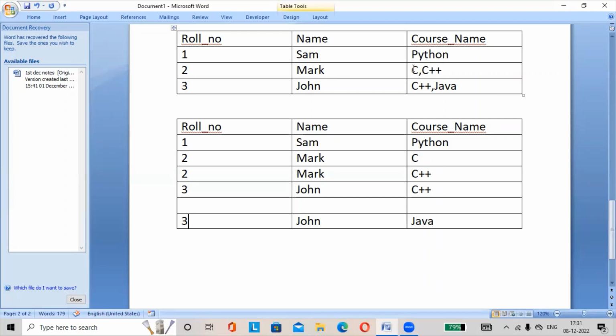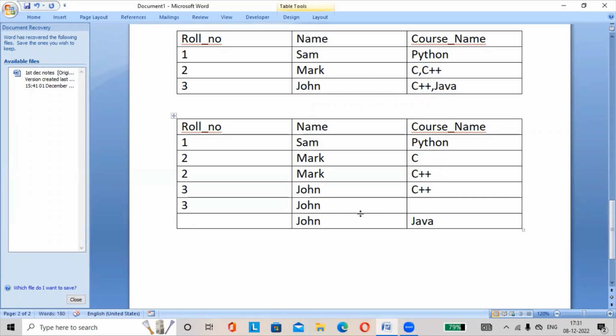Here, two values we are specifying by putting a comma, which is not allowed in first normal form. To make this above table first normal form, I am writing the same roll number details in separate rows, so that it satisfies the first normal form condition. Yes or no?